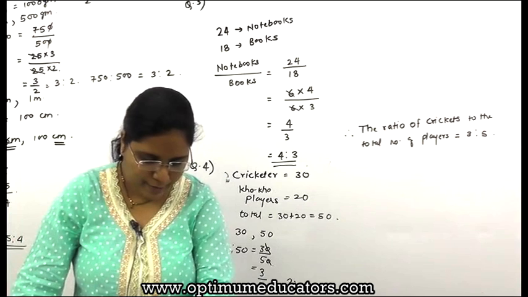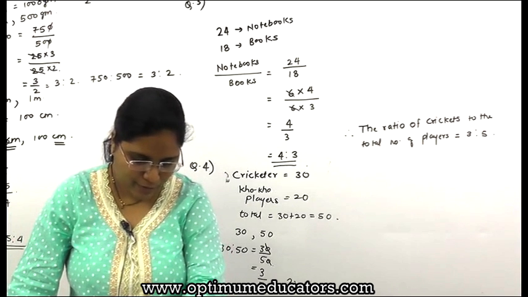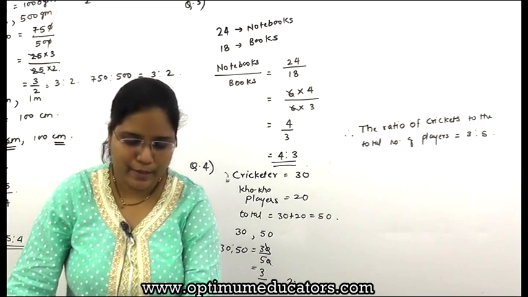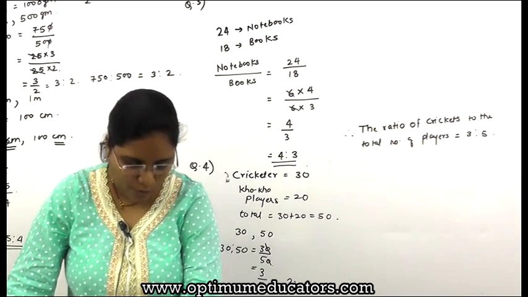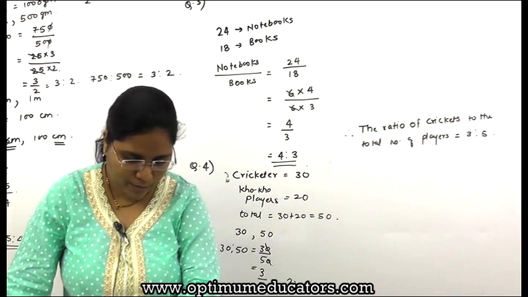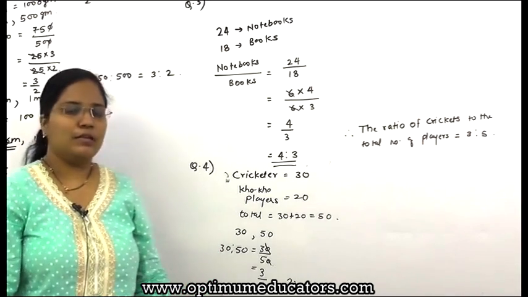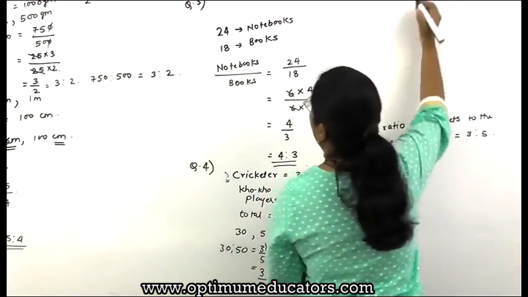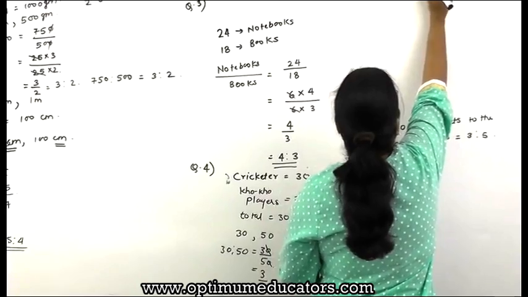Snehal has a red ribbon that is 80 centimeter long and a blue ribbon which is 2.20 meters long. What is the ratio of lengths of red ribbon to that of blue ribbon? Now, Snehal has got two types of ribbons first of all. This is fifth question.